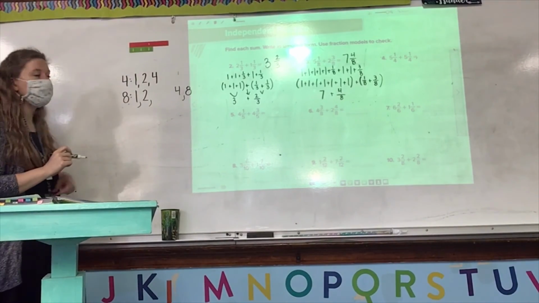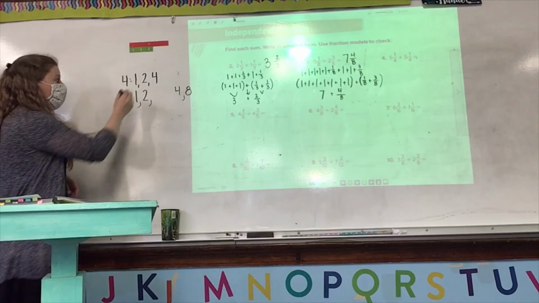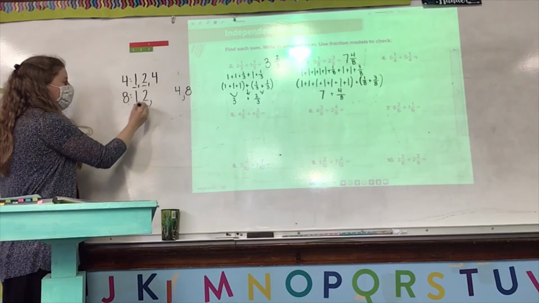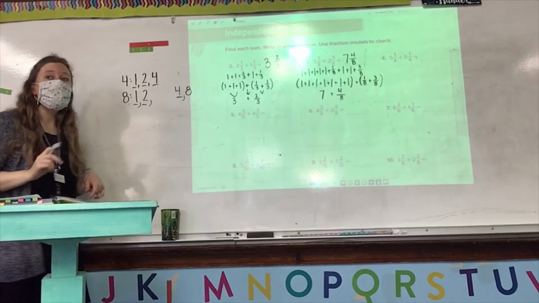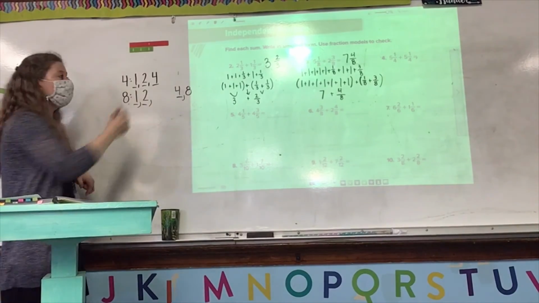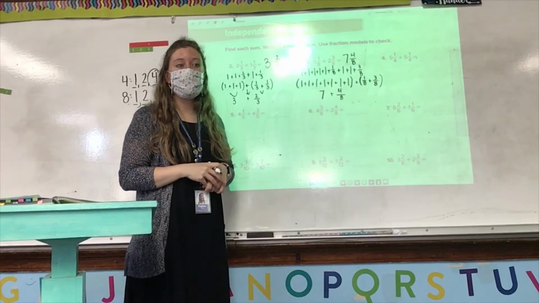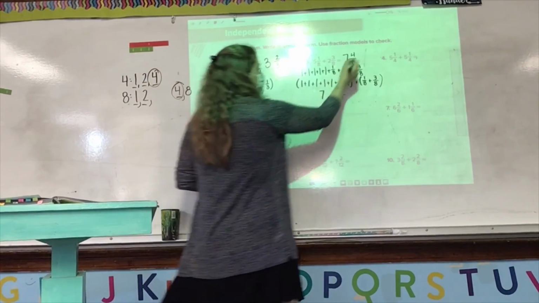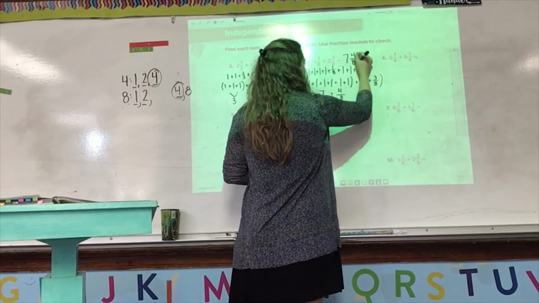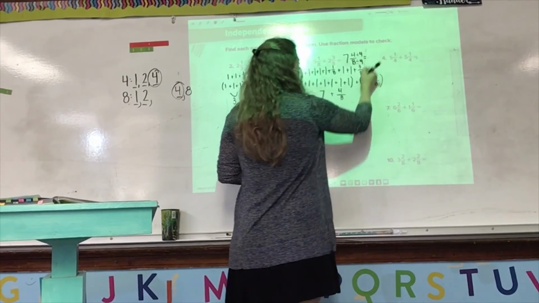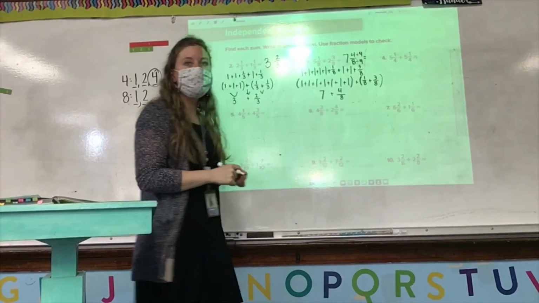No. What are the common factors of 4 and 8? 1, 2, and 4. What is the greatest common factor? 4. So we're going to divide our numerator and our denominator each by 4. Now, are we just going to put the fraction right here?